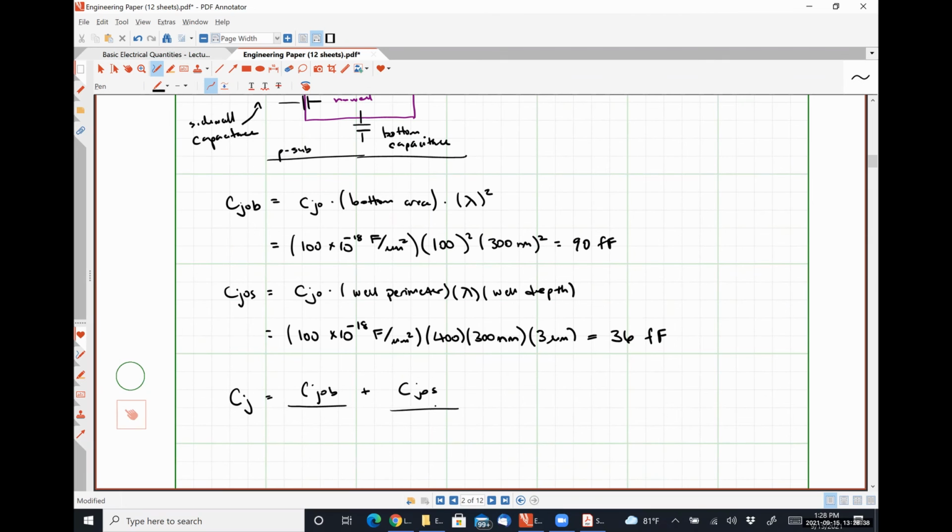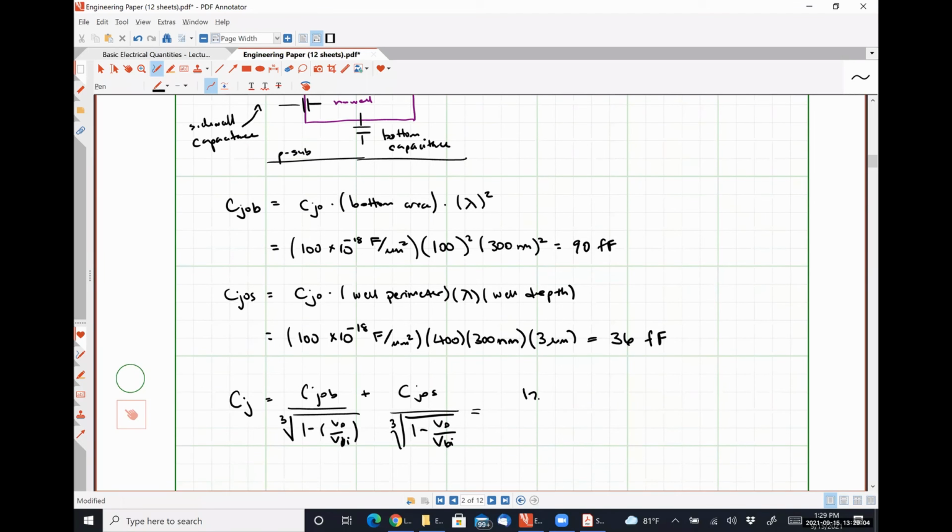And then each of these are going to be divided by the cubed root of 1 minus VD over VBI, where we have enough information to figure out what VBI is, right? So let me add these guys together first. That's going to look like 126 femtofarads divided by the cubed root of 1 minus VD over VBI.